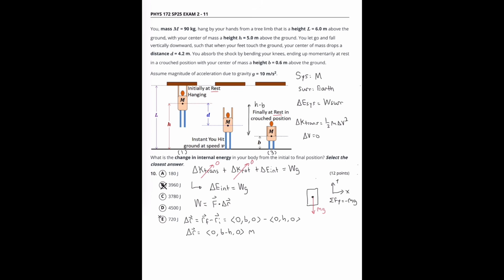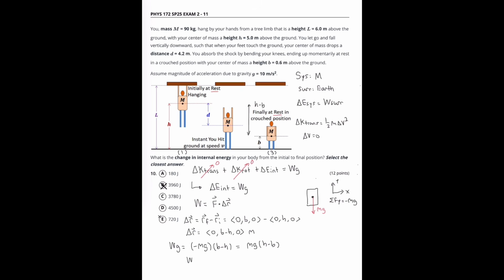So now that we have that, we can rewrite our work of gravity as equal to our F net in the y direction, minus mg, times our change of distance in the y direction, b minus h, and we can also rewrite that as mg times h minus b if we substitute the negative.